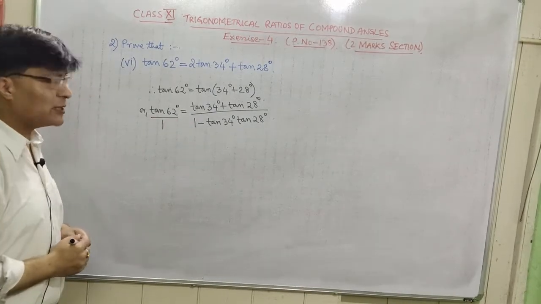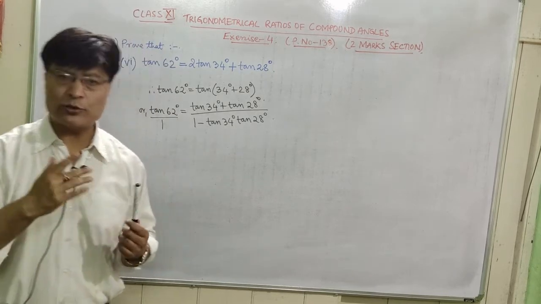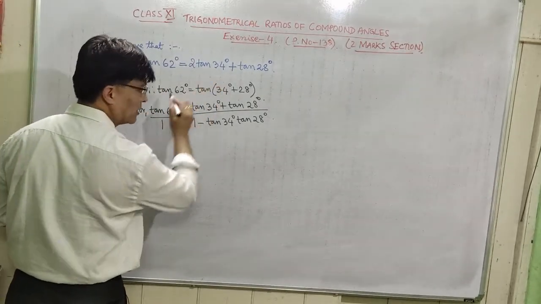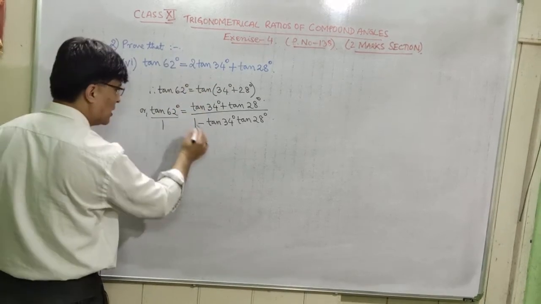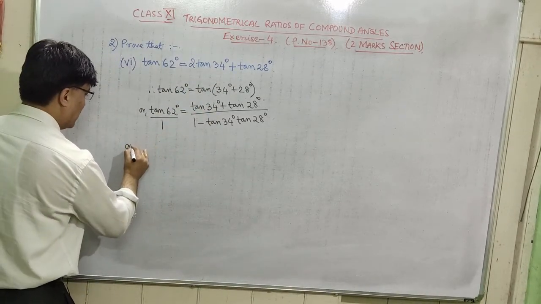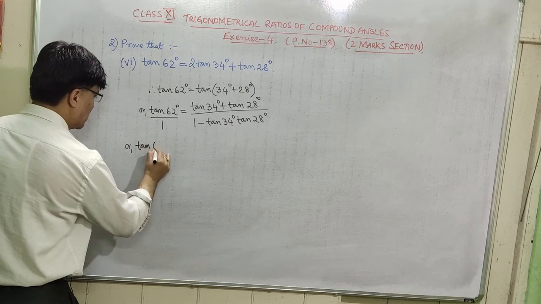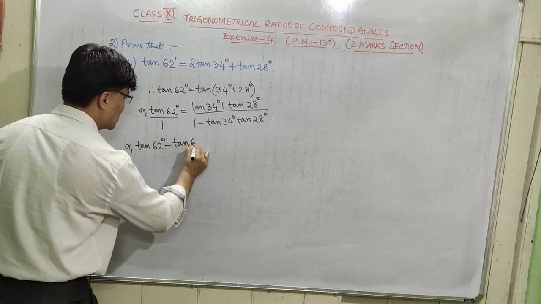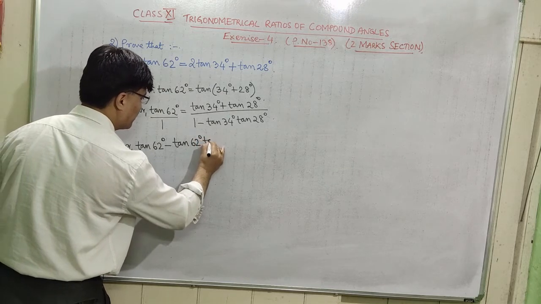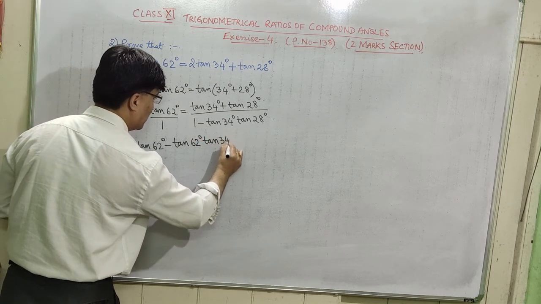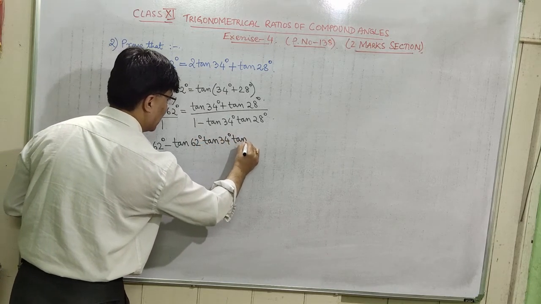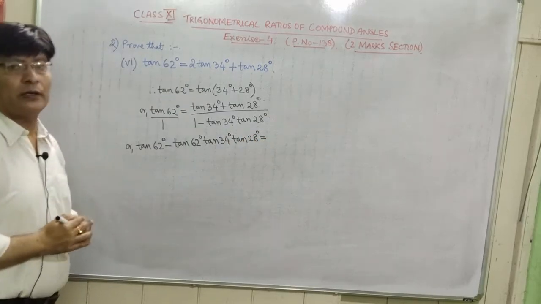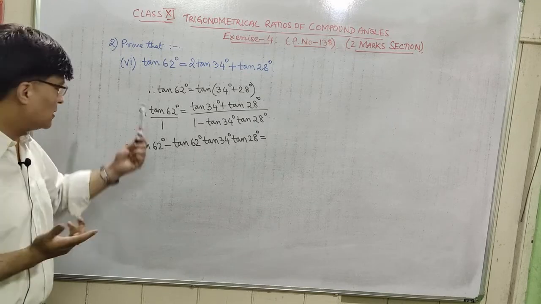So now in the next step we can do cross multiplication, okay? In order to prove this result, LHS is equal to RHS, let us cross multiply it. So this is tan 62 degree minus tan 62 degree, tan 34 degree, tan 28 degree, which is equal to, now on the right hand side what do we write?